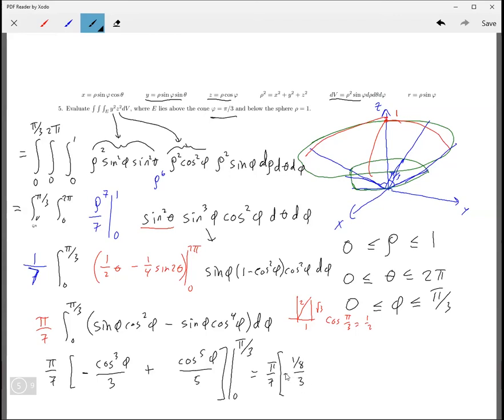It's going to be negative though. And you put it into here, you're going to get 1 over 32. And then you subtract and put 0 in, so that's going to be negative 1/3 plus 1/5. So cosine of 0 is 1, so you get that. Okay, so in the end, 47 over 3360 pi.